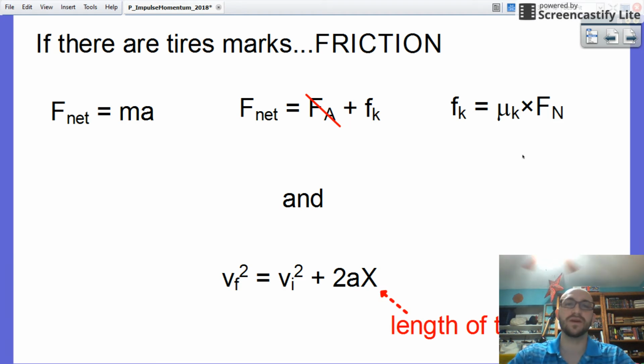You're going to do all of this, and you're going to solve for the acceleration of the car. It should be negative because the car is braking. Then you're going to plug it into this equation down here for A. And you're going to plug in the length of the tire marks for X. And then you should be able to plug in one known velocity. You'll know one of them, and then you can solve for the other one.